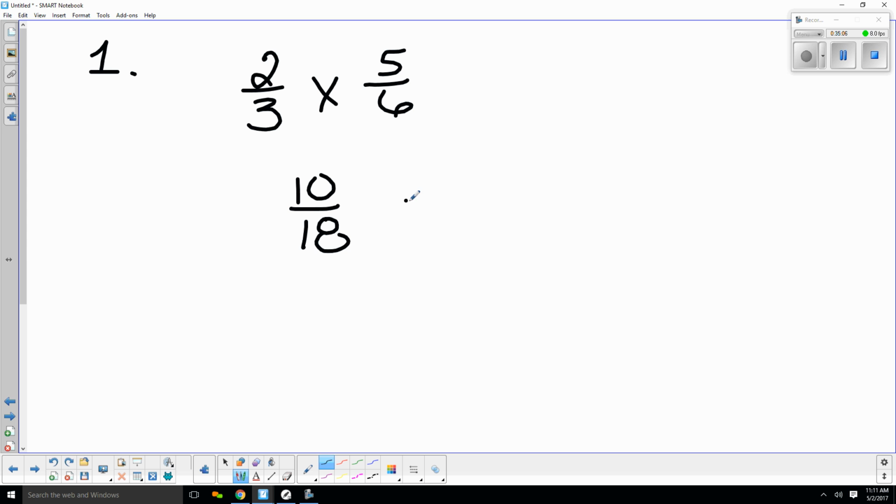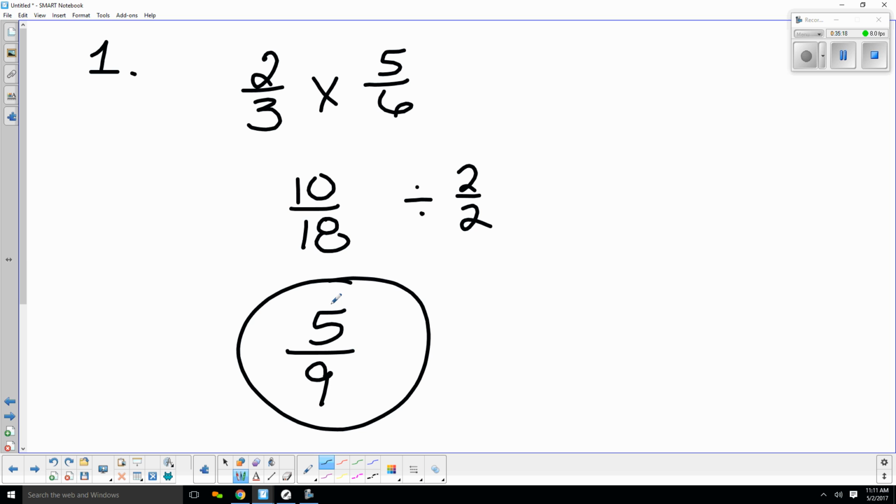Now I need to reduce. I want to reduce this one by 2. So that means 10 divided by 2 is 5. 18 divided by 2 is 9. That cannot reduce down anymore. So 5/9 is my answer, which is A. Any even number can always be reduced by 2.